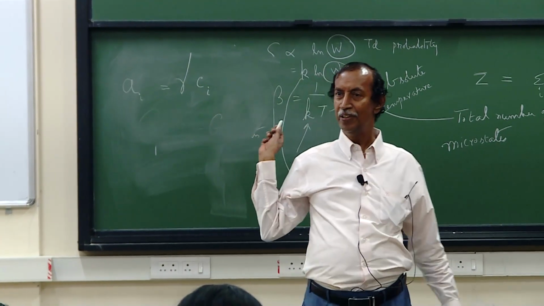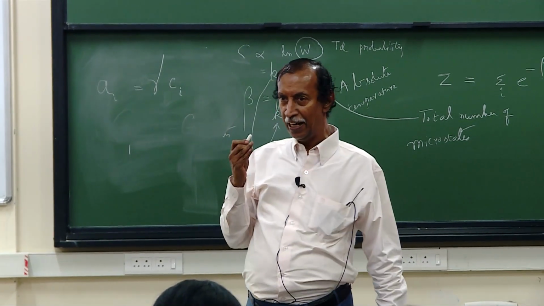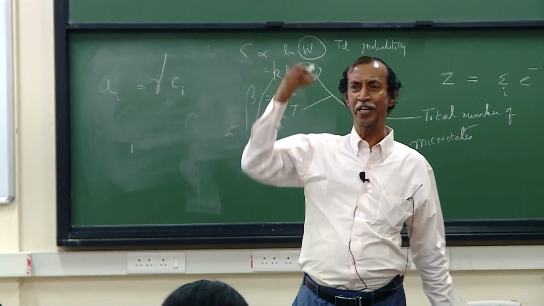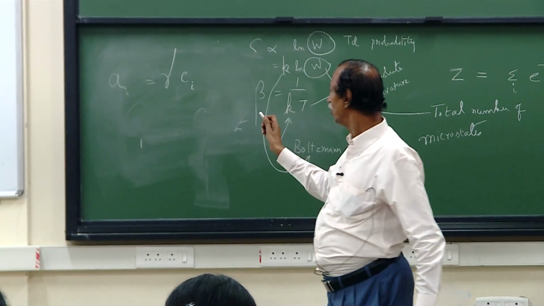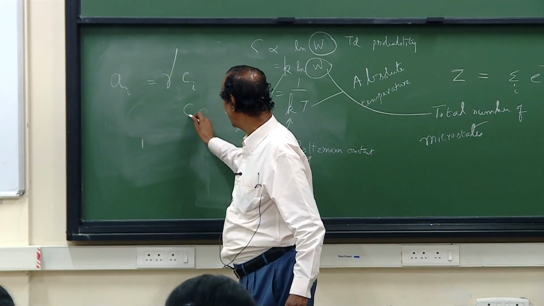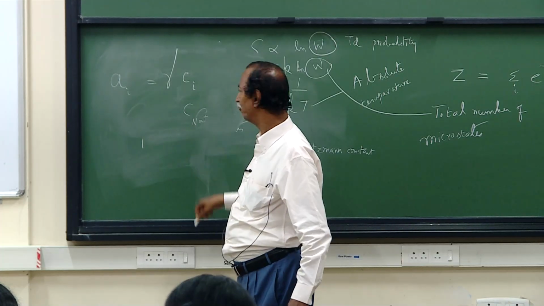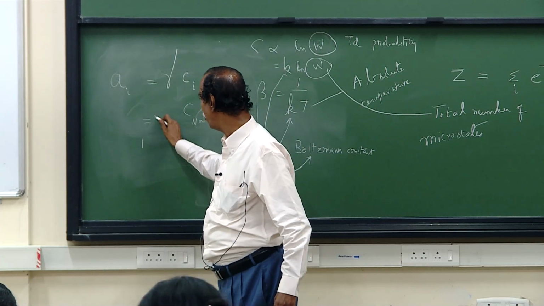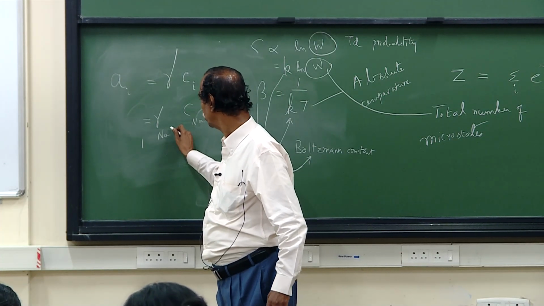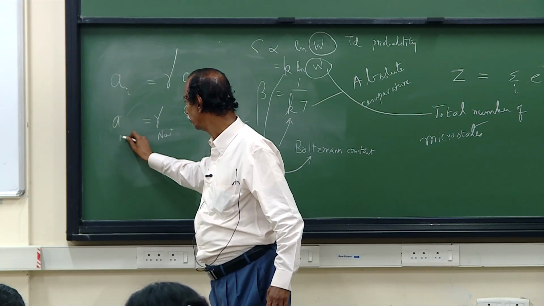What is this? We are relating the activity of, let us say, a sodium ion to the concentration of the sodium ion. I'll put the sodium ion concentration here, and then gamma of the sodium ion here. This is the activity of the sodium ion.